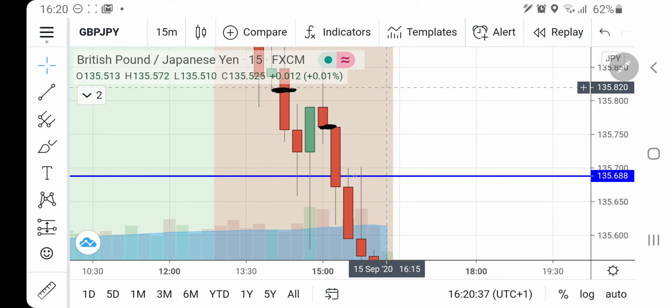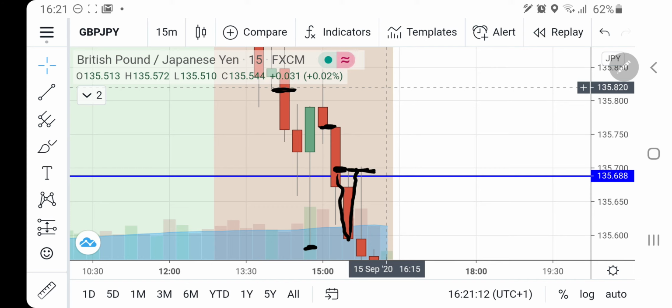And I did another try where, as soon as I saw the candle coming all the way back down again, I did another entry in here, trying to catch up the break even that I just had, because this is still going bearish and we have this weak to fill here. It's crazy. It went all the way back down and went back up again and took me to break even again.